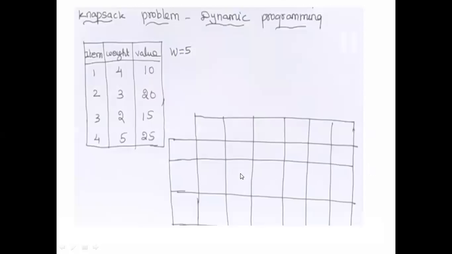Now we are going to solve the 0/1 knapsack problem using dynamic programming. In the problem, we are given 4 items, and for each item, the weight and the value, that is the profit, when you fill it in the bag. And the total weight of the bag is 5.